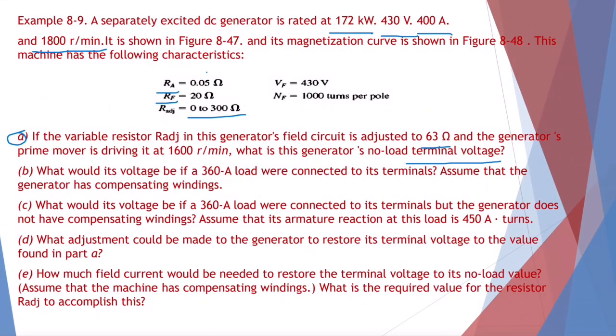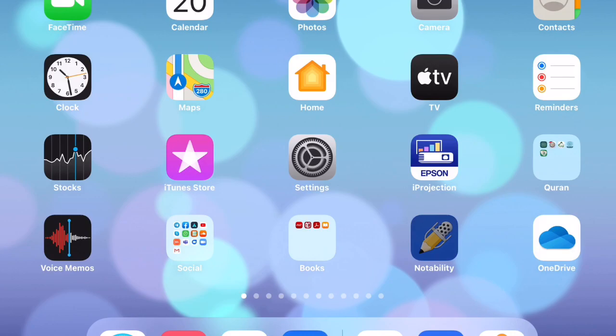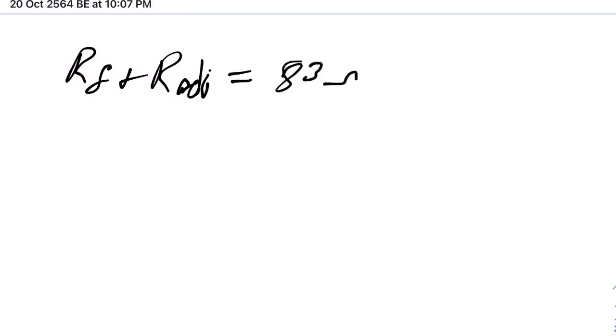Okay, now we'll solve part A to find the terminal voltage. If the generator's total field circuit resistance is, we have to add RF plus R adjustment, so the total will be 83 ohm.